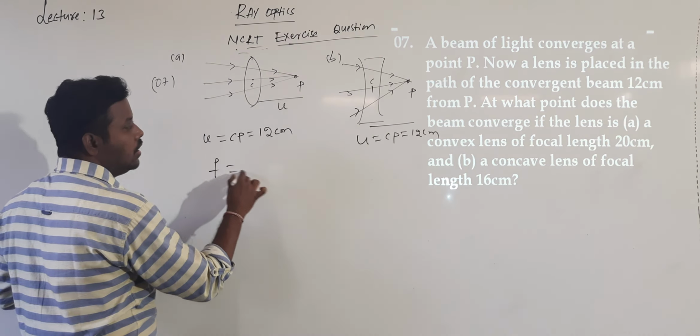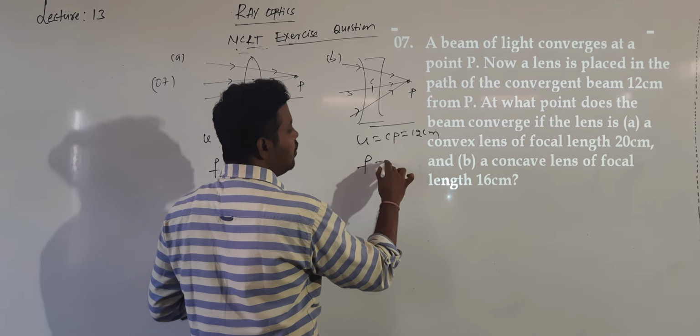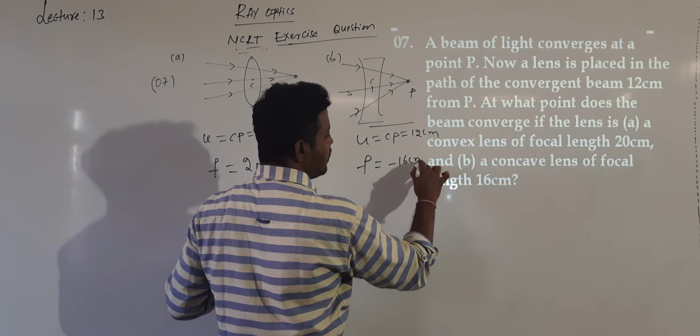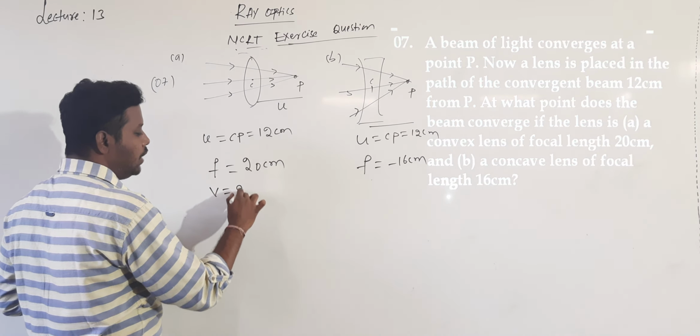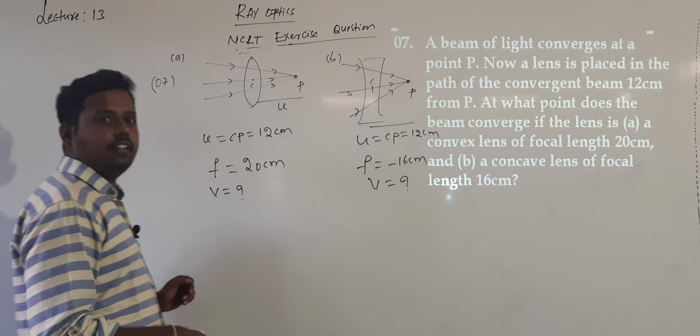If it is a convex lens, the focal length value is 20 centimeters. If it is a concave lens, the focal length value will be minus 16 centimeters. Now, what do I want to calculate? We want to calculate the value of V. Question understood?